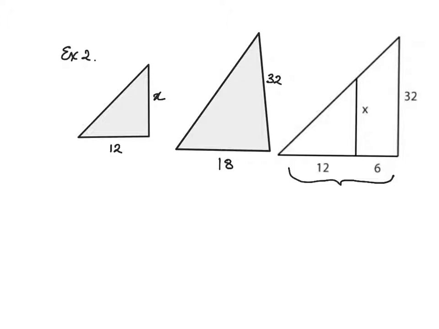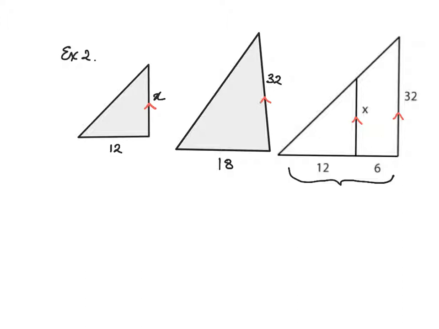Something that should be added to the original diagram is that these two lines are parallel. Because those two lines are parallel, I'll just mark them on the separate triangles. We have triangles that are equiangular.